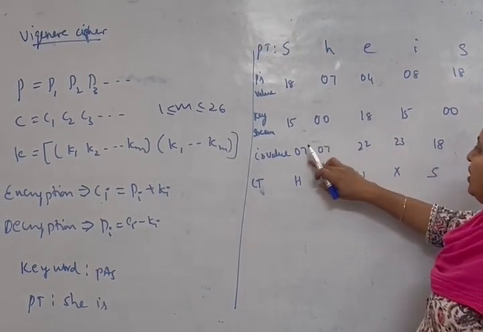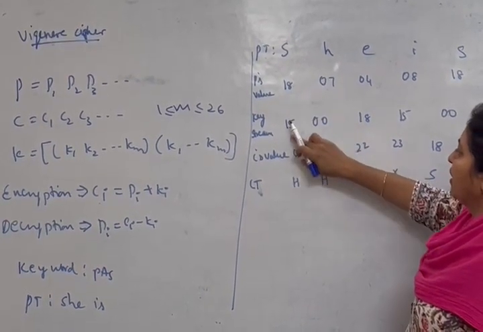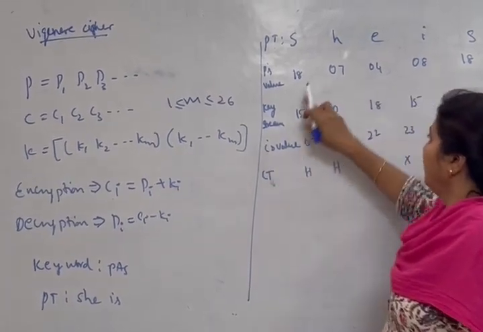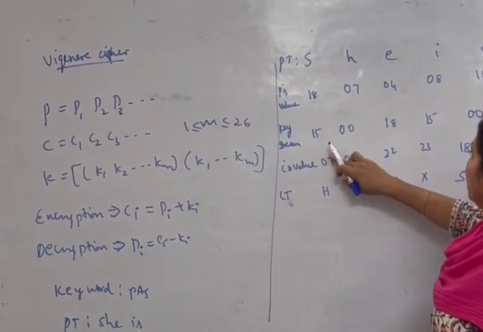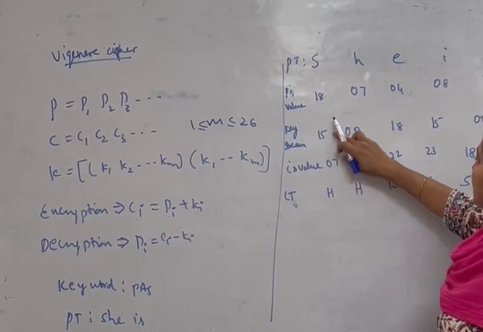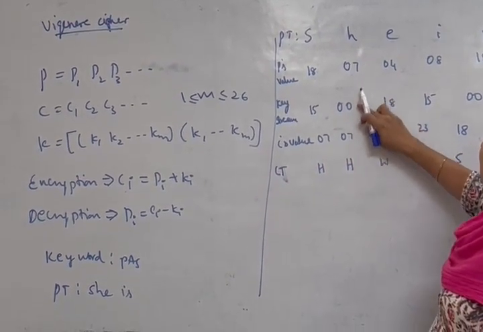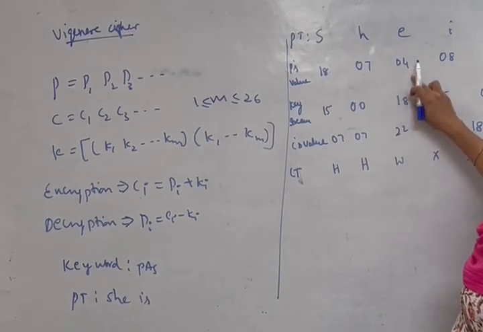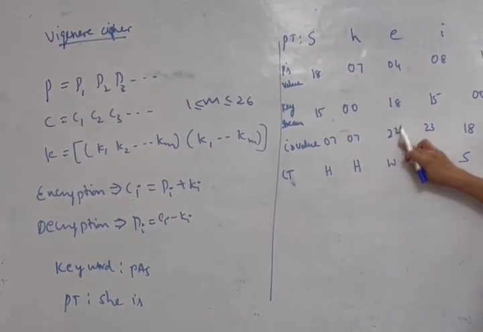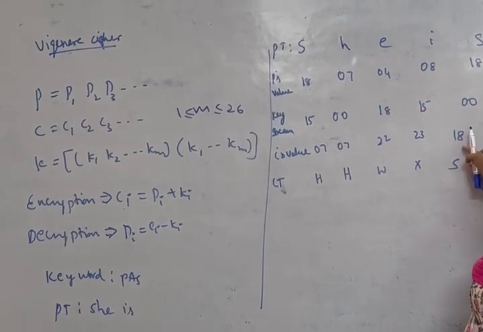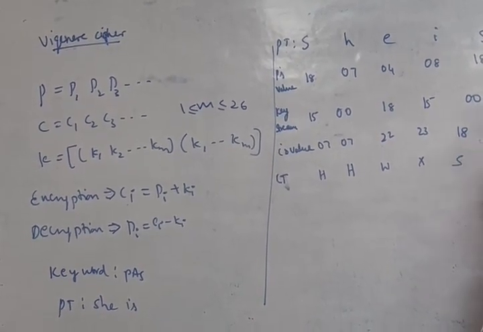Now we need to add the values, because Ci is equal to Pi plus Ki. We add 18 plus 15, that results in 33, and 33 mod 26 results in 7. Similarly, 7 plus 0 results in 7, 18 plus 4 results in 22, 18 plus 15 results in 23, and 18 plus 0 results in 18, all under mod 26.